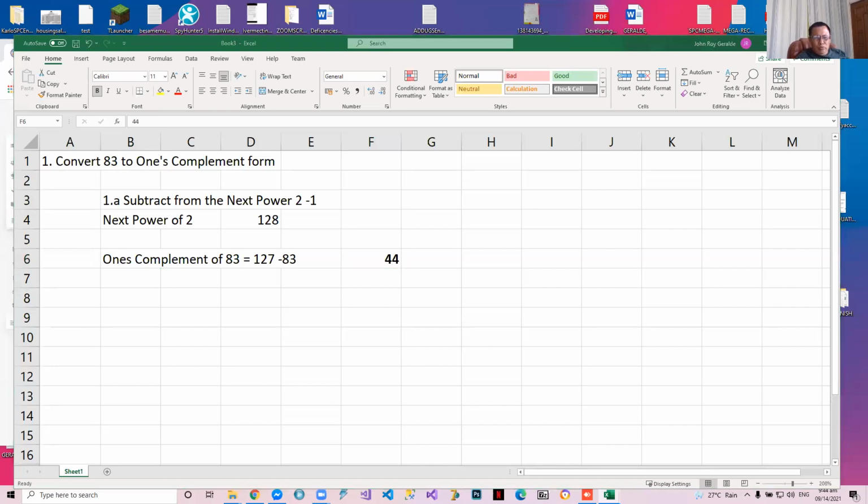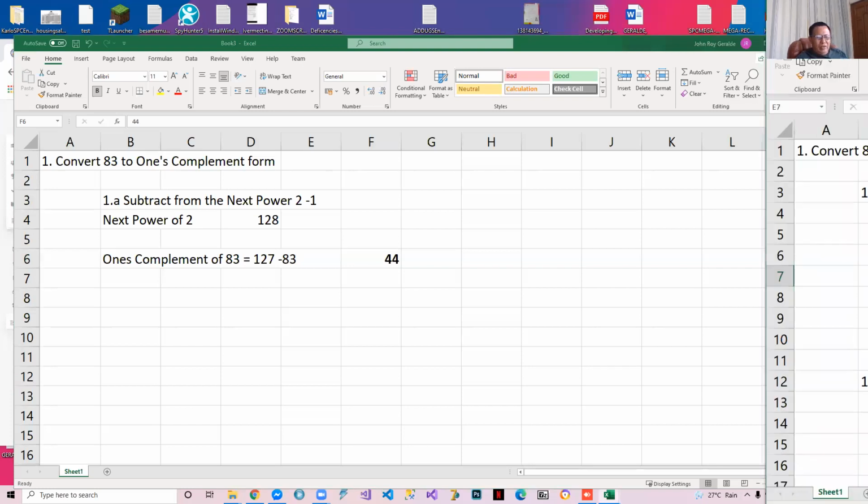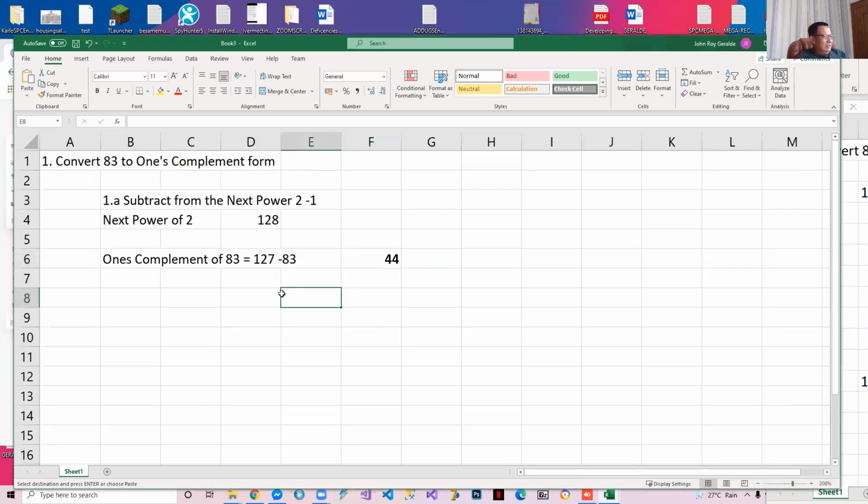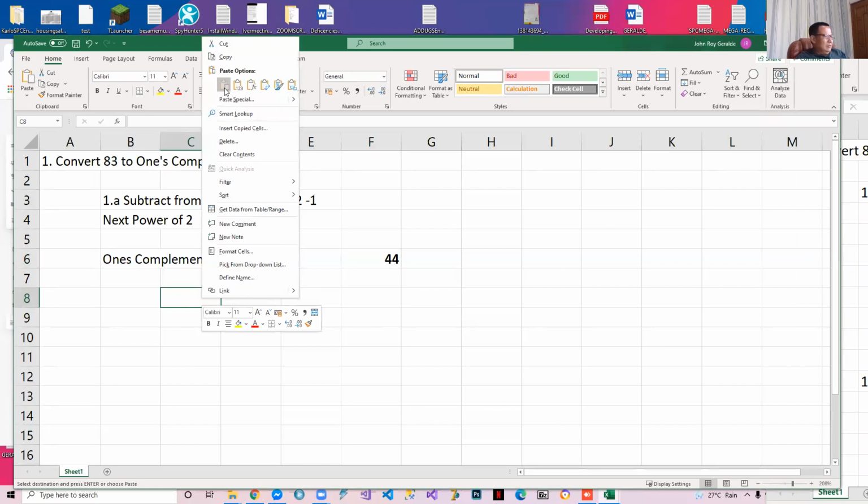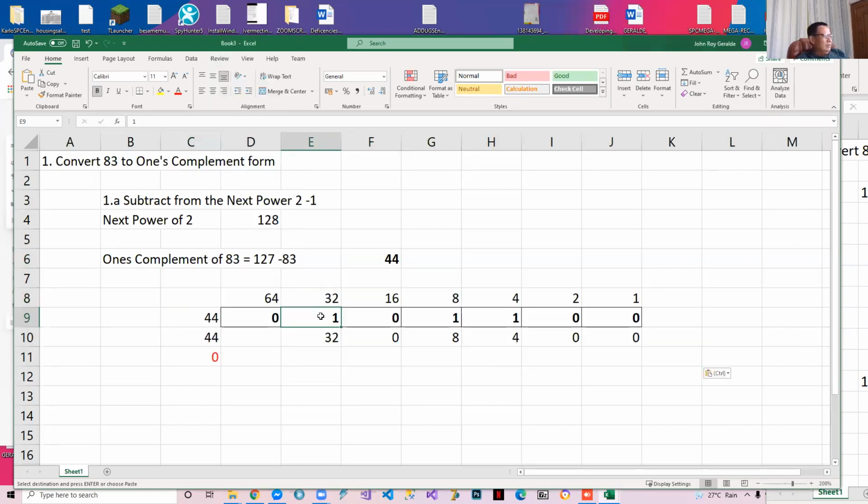Now which powers do we need to include? We need until 64, because that is covered by our 83. Okay, wait.